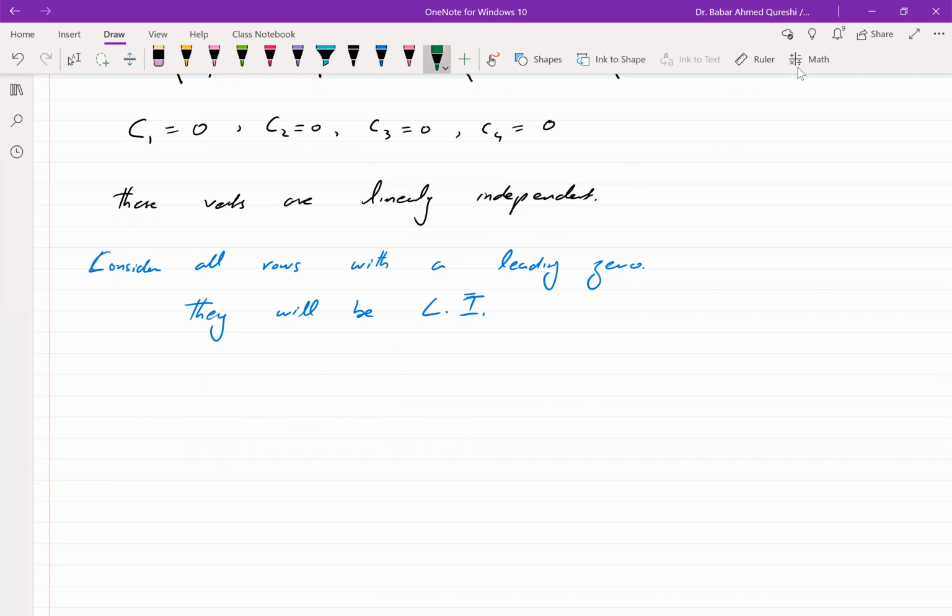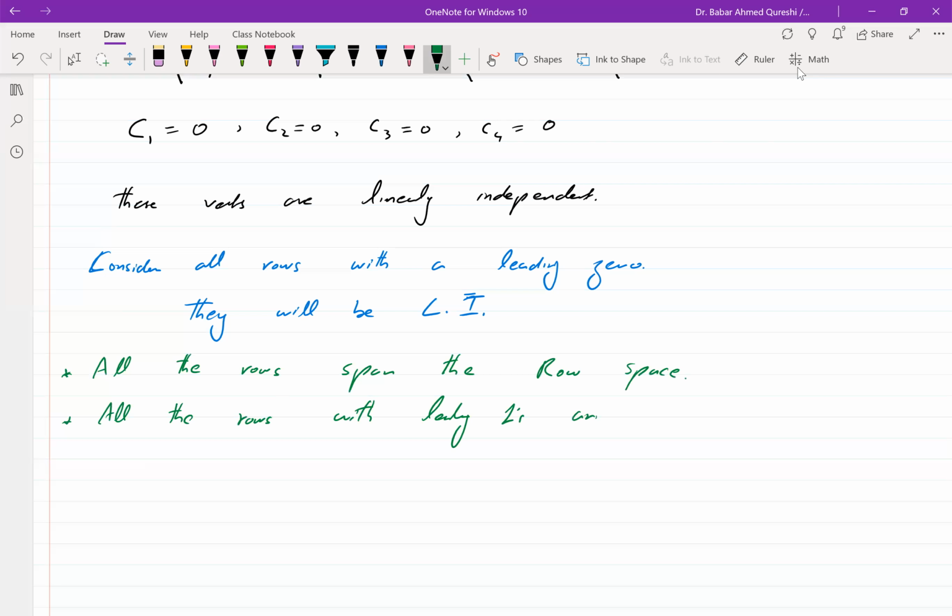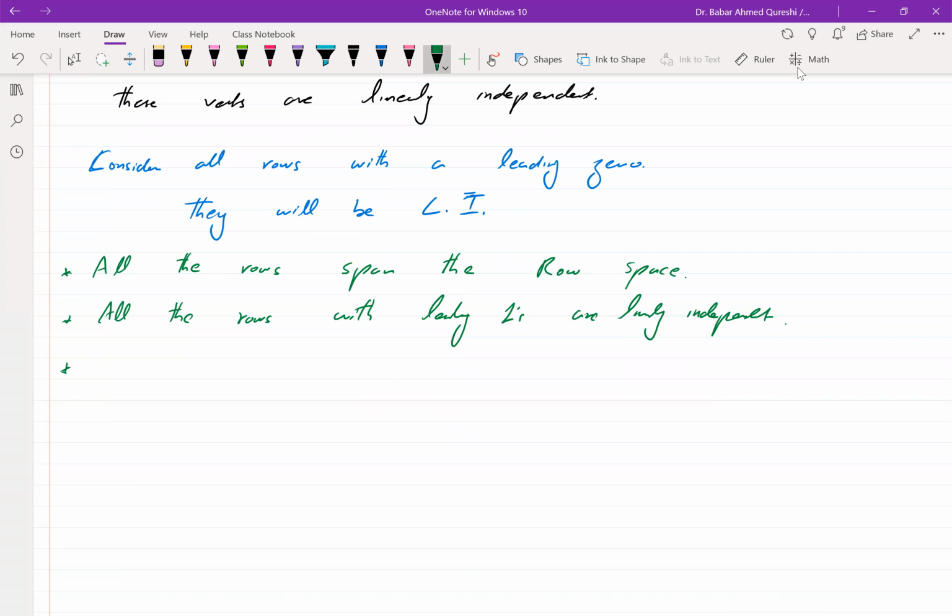So now I know that all the rows generate or span the row space, and on top, all the rows with leading ones are linearly independent. But then I have some extra rows.